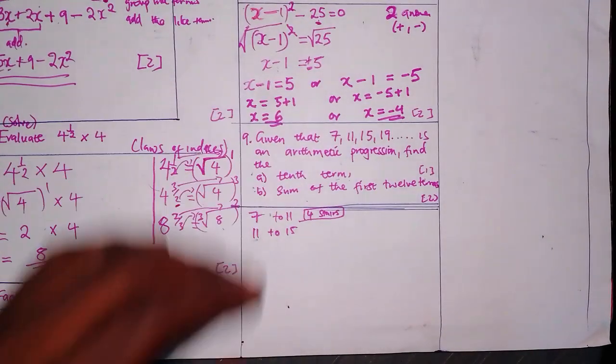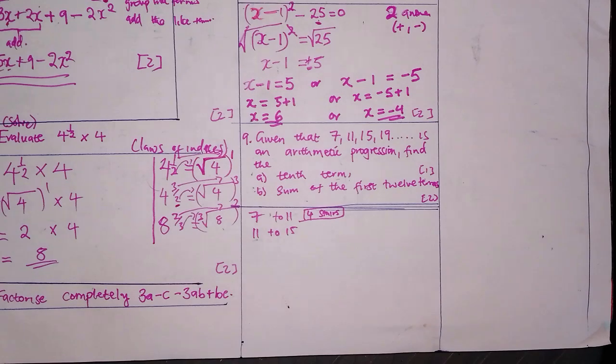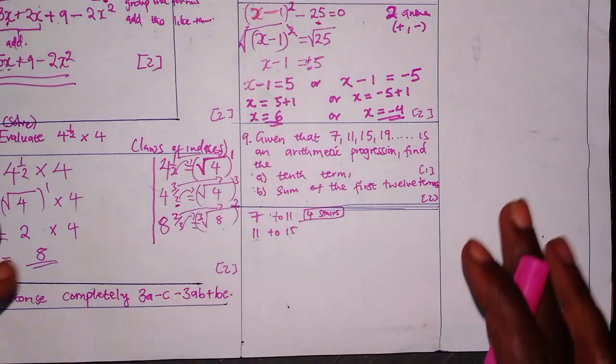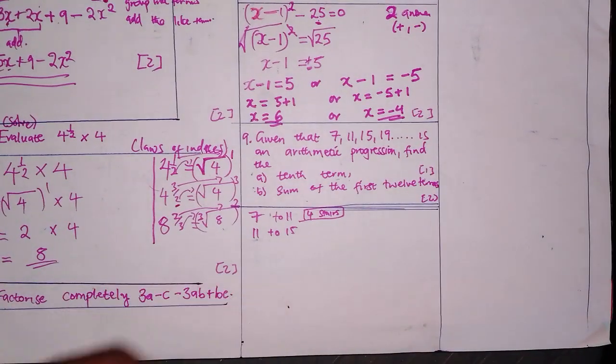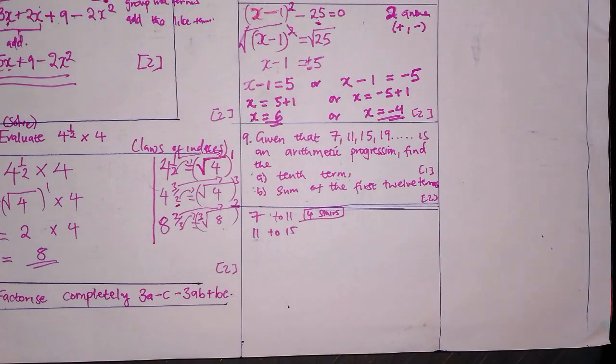So in our case, since we cannot manage just adding numbers like that, to waste a lot of time, we have come up with an equation which we use to help us to solve quickly numbers that are in an arithmetic progression, because we know that you are adding the same common thing.